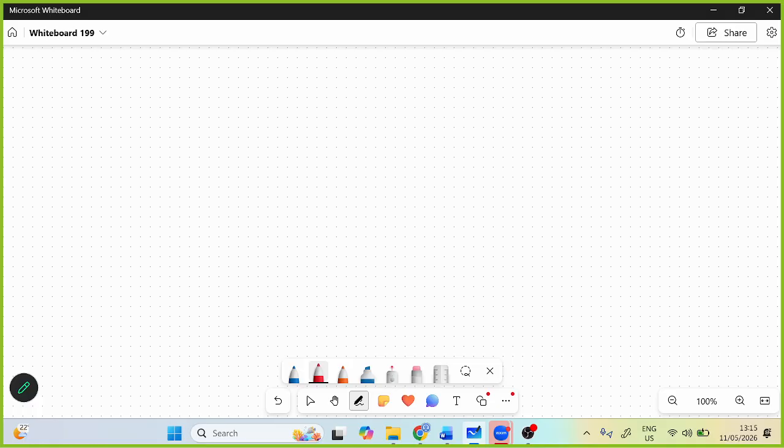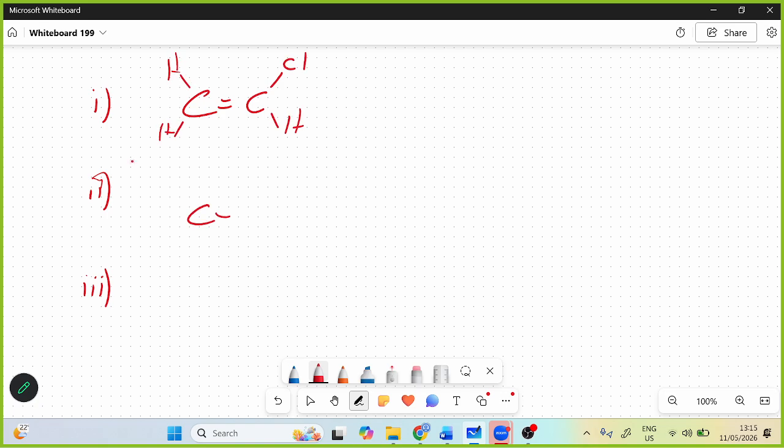Next one is polymerization. For these, I'm first and foremost going to draw the monomers.